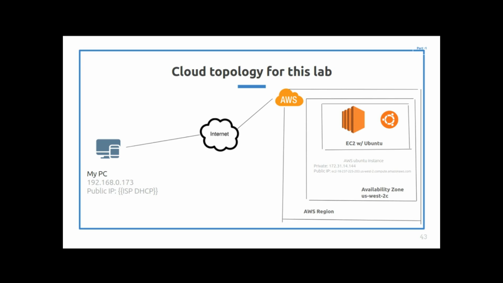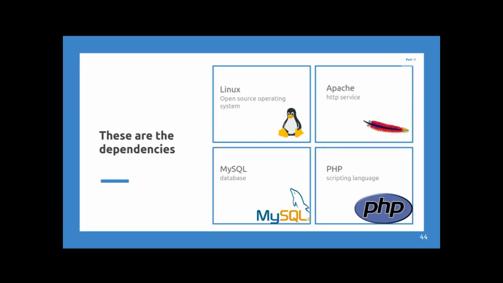So on this EC2 instance, there's two parts. There's dependencies, and then there's the actual lab. So this is what we did last lab. We're using Linux. We put an Apache package in that Linux.